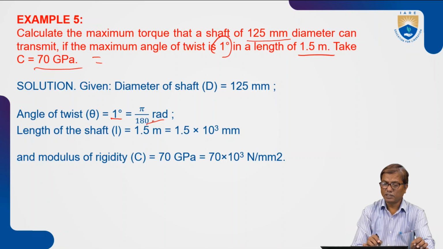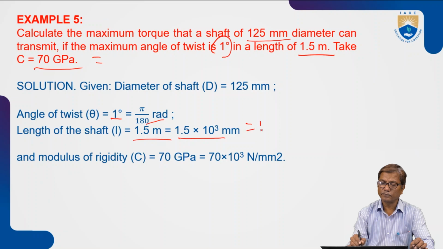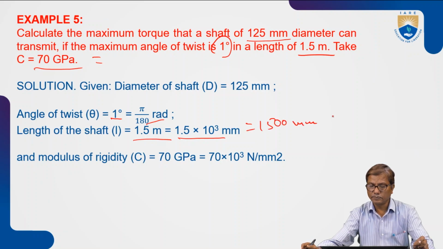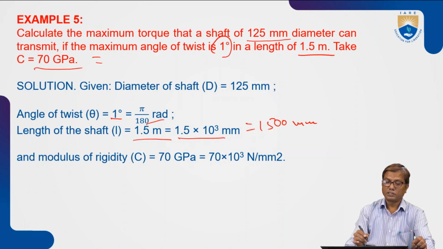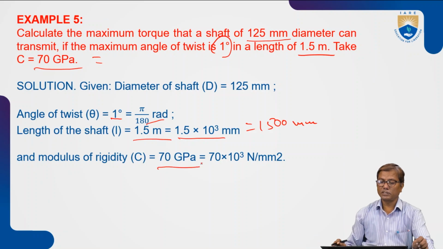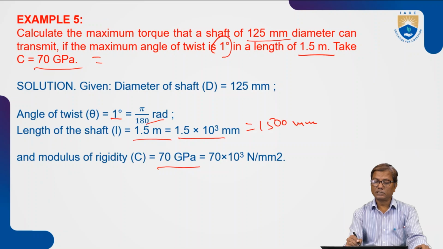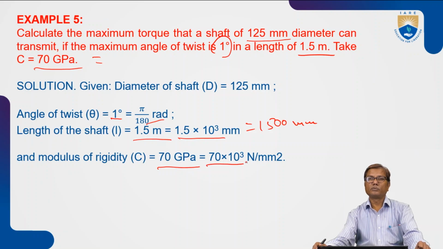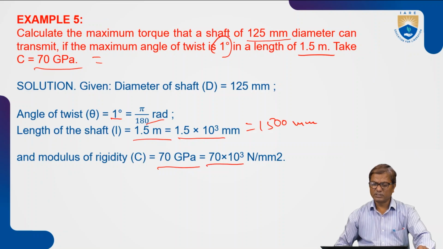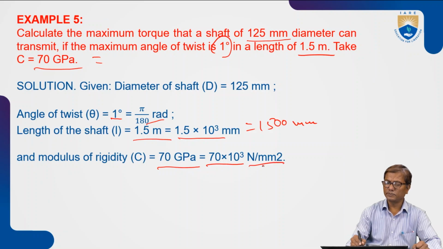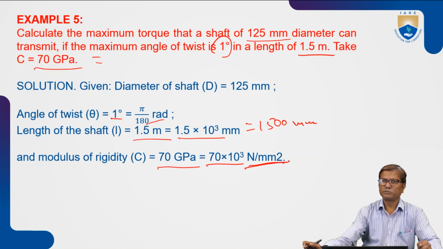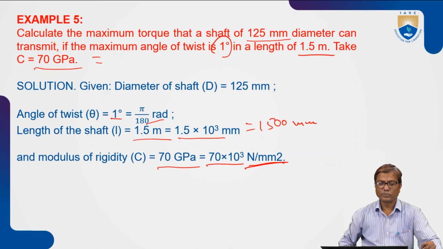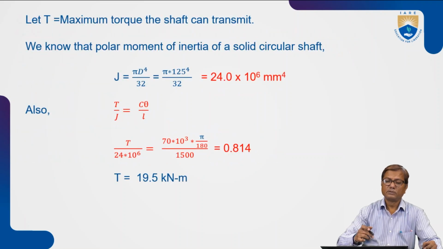Keep it like that, and length is 1.5 meters, that is 1500 mm. And C, modulus of rigidity, is 70 gigapascals or 70 into 10 cube megapascals. Megapascal is nothing but Newton per mm square. Now, how will you find?